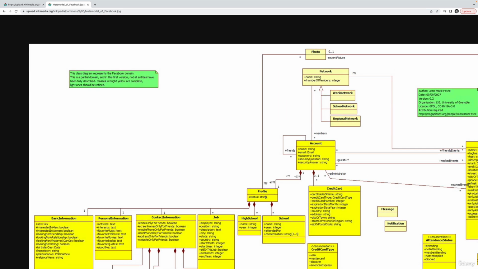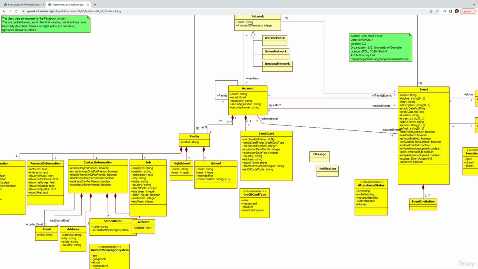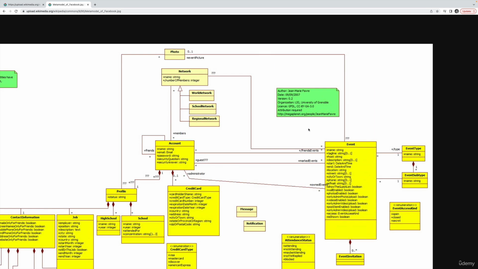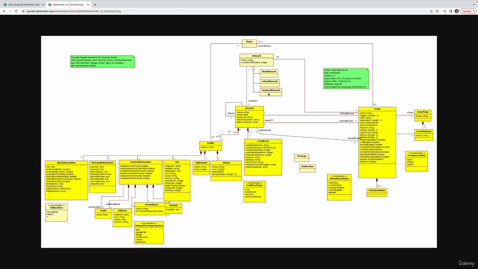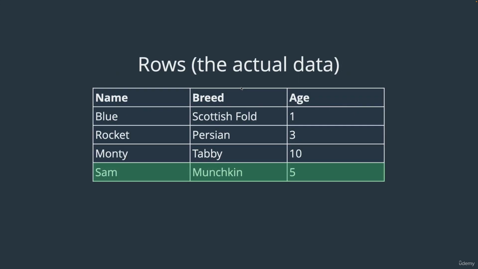But then we have things like a profile, an account, a credit card, different events, we have photos. All these different entities are represented with their own tables, and again, lots of lines connecting them together. So we are not starting there. We're starting with good old cats, 3 columns, a couple of rows, but we have to learn how to make a table. And before we can create a table, we have to talk about data and the different types, the different categories of data we can work with.